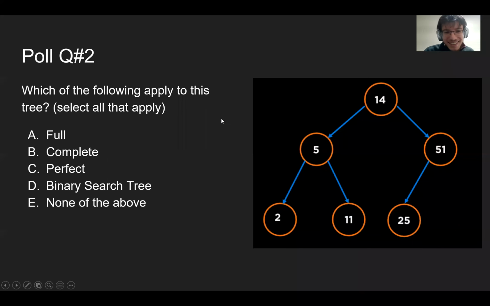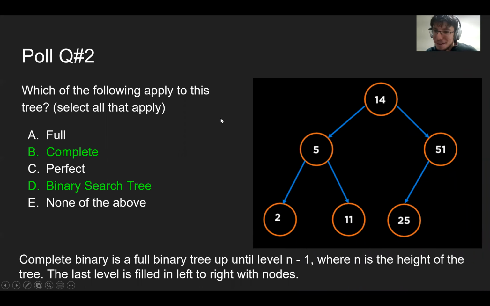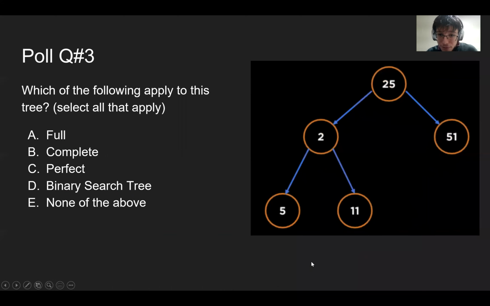Yes. It is a complete and a binary search tree. So the reason why it might look like it at first is because it is. Ha, it's tricking you all along. Okay. And a complete binary tree is full up until level n minus 1, and it may not have to be at the last one.